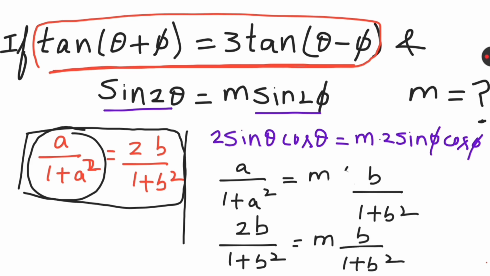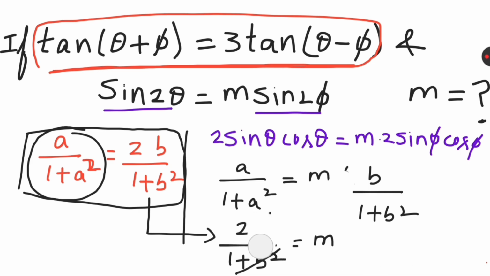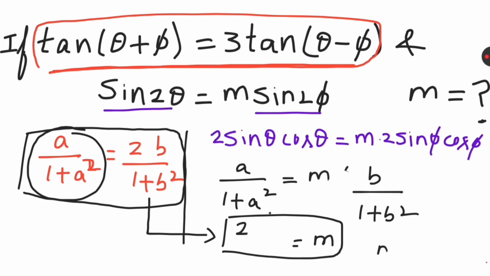Here, instead of the left hand side term a over 1 plus a power 2, I wrote 2b over 1 plus b power 2. Here b gets cancelled, and 1 plus b power 2 gets cancelled. So we are left with only m on the right hand side and 2 on the left hand side. That gives us the m value, which is 2. So clearly, the m value is 2.